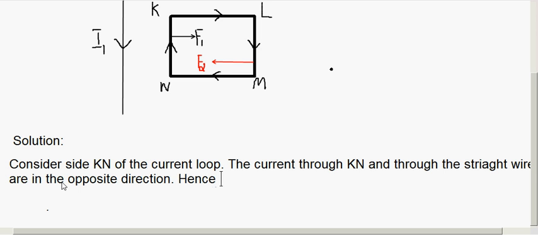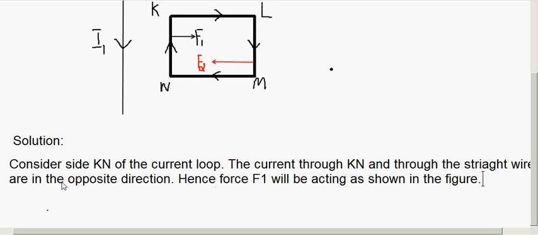Hence force F1 will be acting as shown in the figure. Because the currents are in the opposite direction, the force is repulsive in nature, so on KN it will be acting away from the wire.